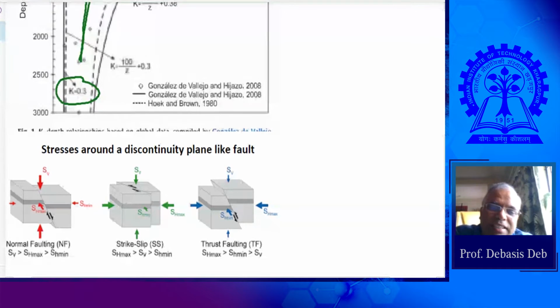But those are big faults, like we have one in the Nepal area. This is the Indian plate and the China plate. Not only that, in Ladakh these plates are also on top of one another. They are also pushing each other.